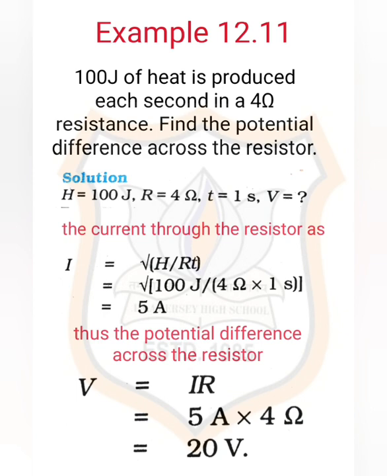We have the relation 100 upon 4, that is 25, and root of 25 is 5 ampere. Thus the potential difference across the resistor, V is equal to IR from Ohm's law, therefore 5 ampere into 4 ohms, and it gives the answer 20 volts.